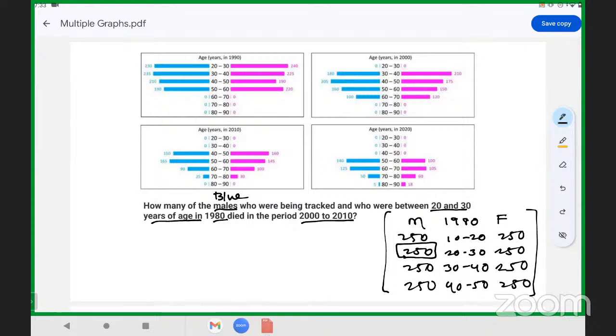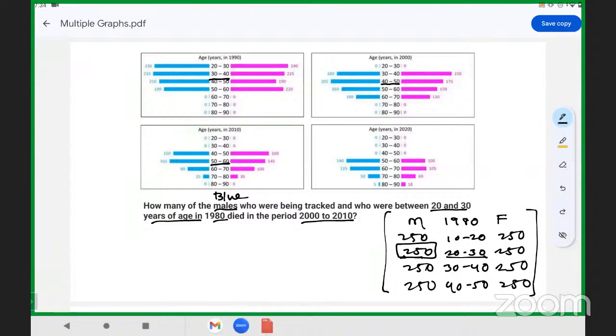So we have to find out the mortality number. Okay, so let us focus on the data. The ones who were 20 to 30, the number of males, they will become 30 to 40 in 1990, they will become 40 to 50 in 2000, and they will become 50 to 60 in 2010.